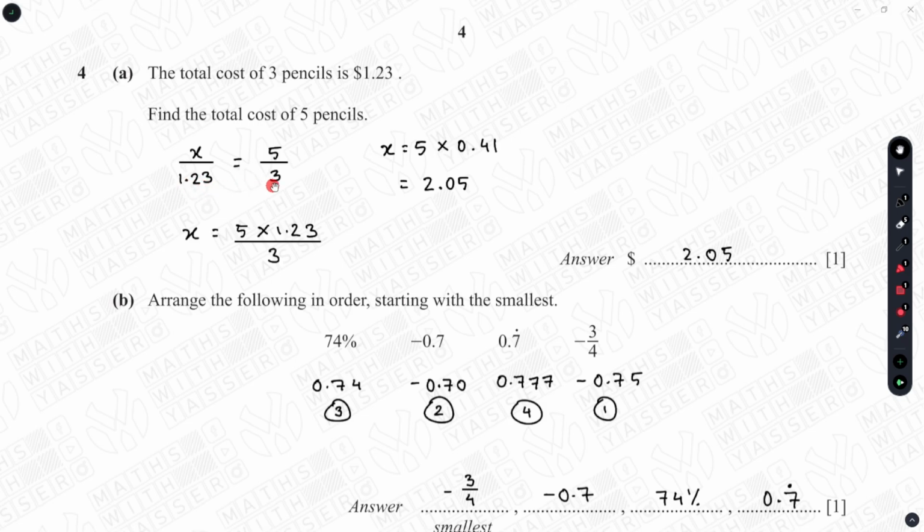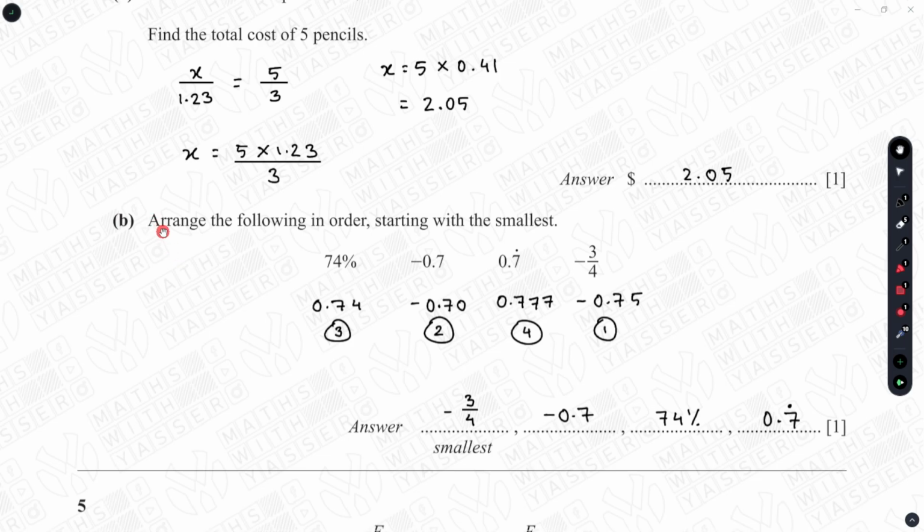So 1.23 is representing 3 pencils and the unknown cost is representing 5 pencils. Using the proportion method, x is equal to 5 times 1.23 over 3. So x is equal to 5 times 0.41, which is equal to 2.05. So the cost of 5 pencils will be $2.05.